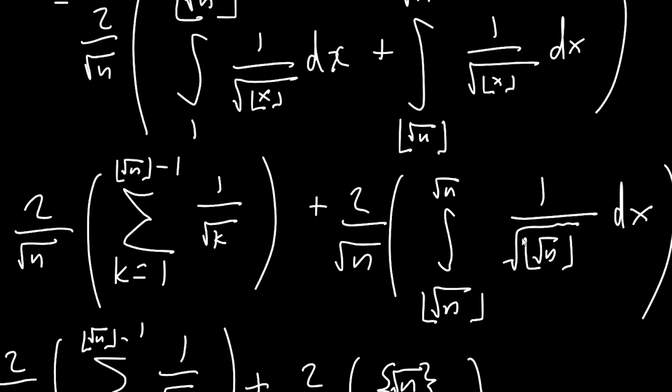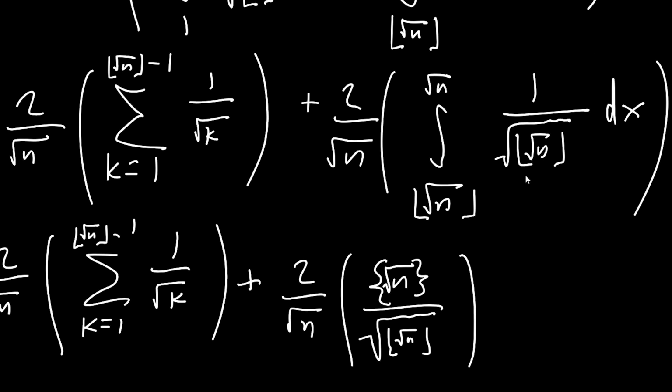And on the right integral over here, I've just replaced floor of x with the lower bound of the integral, floor of square root n. And now that this doesn't have any x component, this is just a constant, so we can integrate it nice and easily. And then we end up getting the fractional part of square root n with a square root floor square root n as this right integral over here.